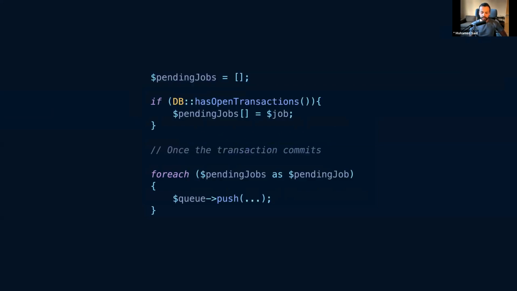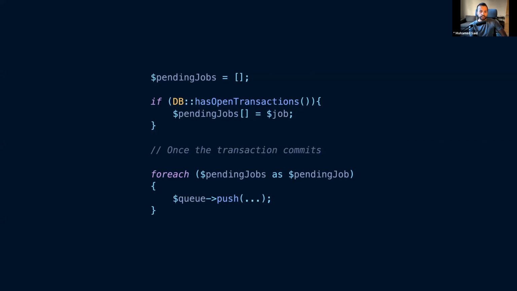The way it does that is that when you dispatch any job, it's going to check if there are any open database transactions. If so, instead of sending it to the queue, it's going to store the job inside a local array and wait until the database transaction commits.